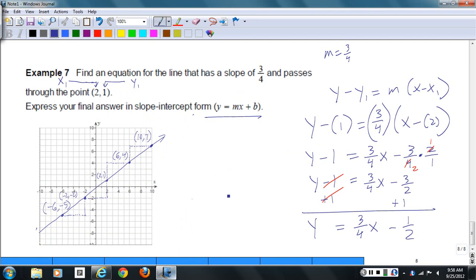Does this seem to be consistent with what we have for our equation? I guess in particular, the key thing that jumps out that we'd want to check is the y-intercept. According to our equation, y equals 3/4 x minus 1/2, what should the y-intercept be?